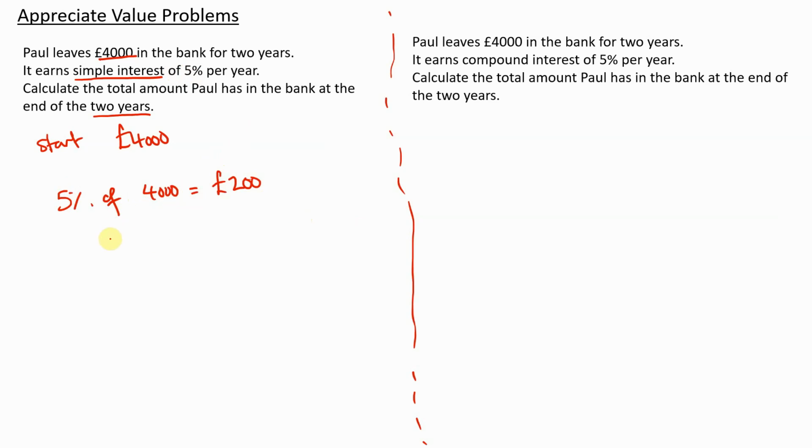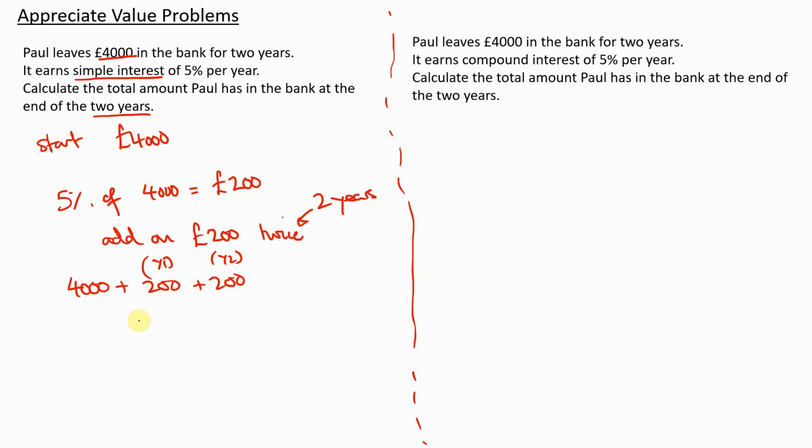And we just want to add that on twice, because we've got that twice from 2 years. If it was 3 years, we'd add it on 3 times, etc. So we want to do 4,000 plus 200 plus 200, that's year 1, that's year 2, and we get £4,400 in this person's account after 2 years at a simple interest of 5%.